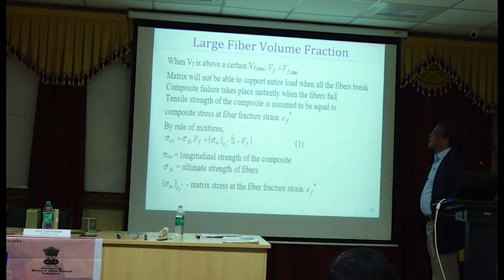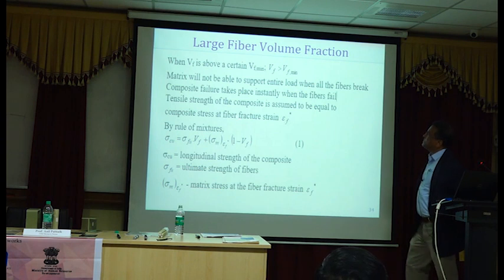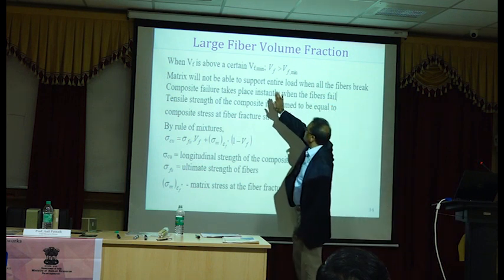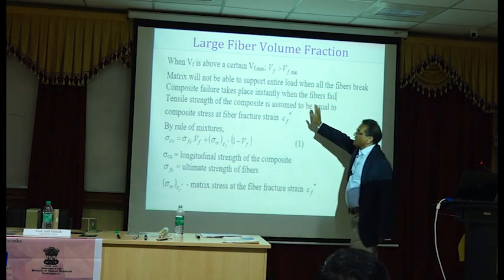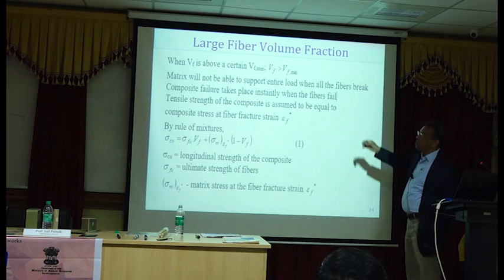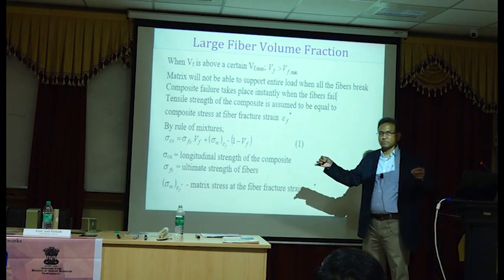So if you have VF above a certain amount of VF minimum, that's our basis, VF minimum. In that case, the matrix will not be able to support the entire load when the fibers fail.